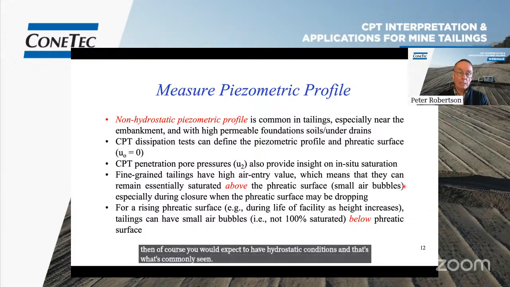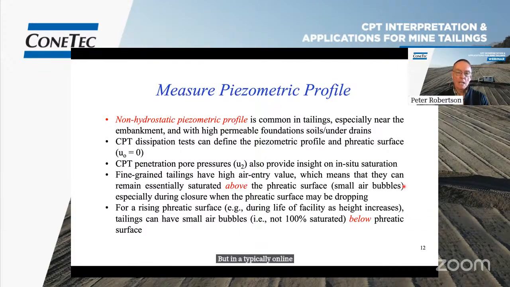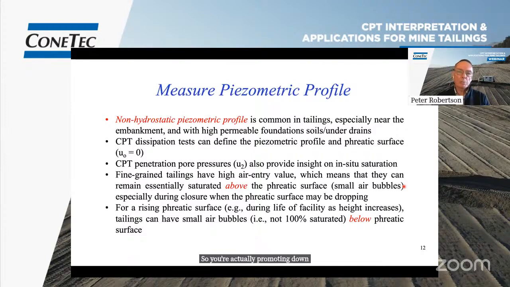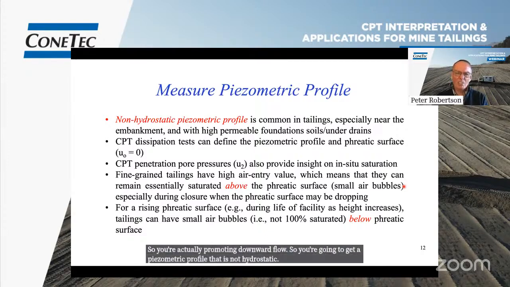But in a typically unlined tailings facility, where the foundation soils have a higher permeability than the tailings, which again is not uncommon, or you might have underdrains underneath, so you're actually promoting downward flow, you're going to get a piezometric profile that is not hydrostatic, and it's going to be less than hydrostatic typically.